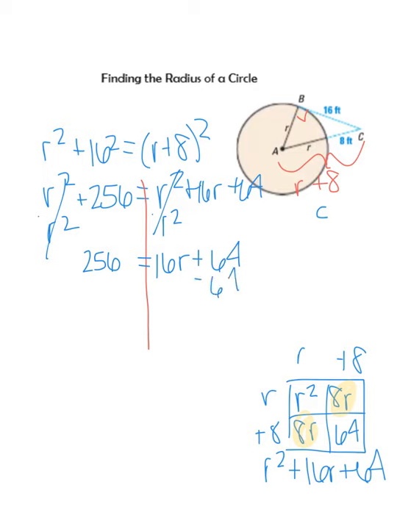Subtract 64 from both sides. 256 minus 64 gives me 192. So 192 equals 16R. Divide both sides by 16 so you get the R alone. So 192 divided by 16 gives me 12. So the length of the radius is 12. Let's do a few more examples.